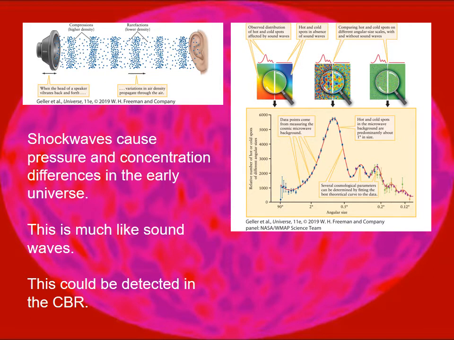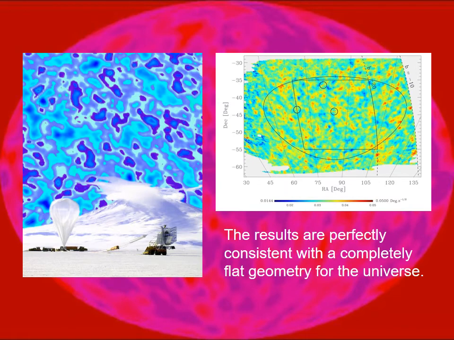So these sonic variations, thick, thin, going through the universe, would give us these clumps. Now, one of the things we discover is the clumps are exactly the perfect size for a flat universe. By the way, here on the left, this is what the sky would look like if you could actually see microwaves.